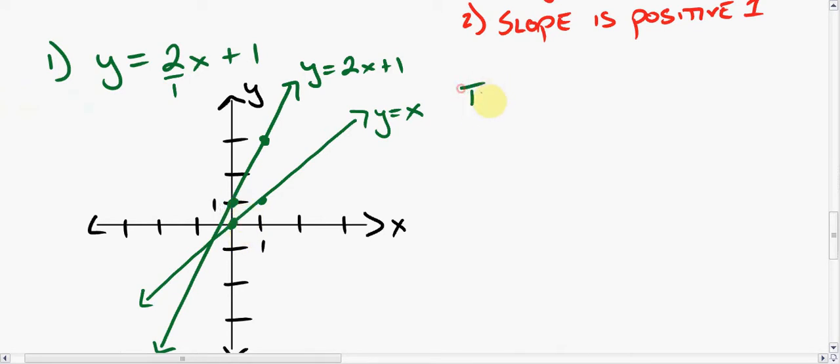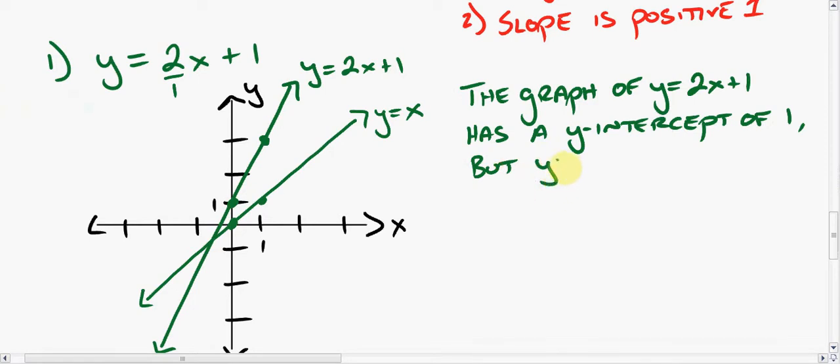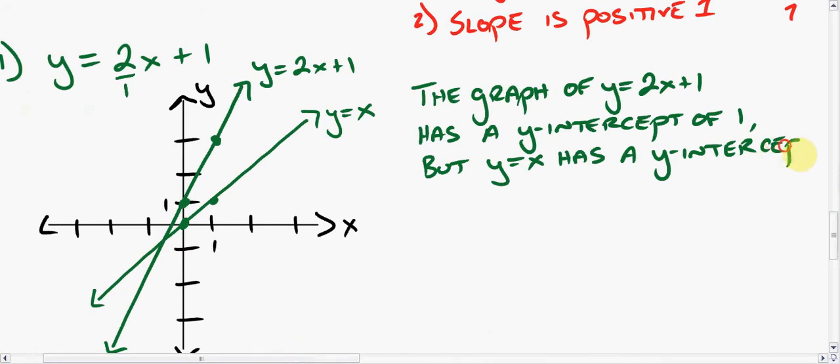So I can write, the graph of y equals 2x plus 1 has a y-intercept of 1, but y equals x has a y-intercept of 0.